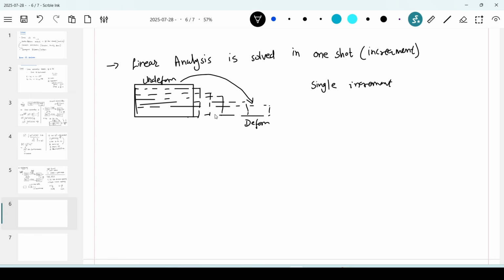So what is happening when you do it in a single shot?